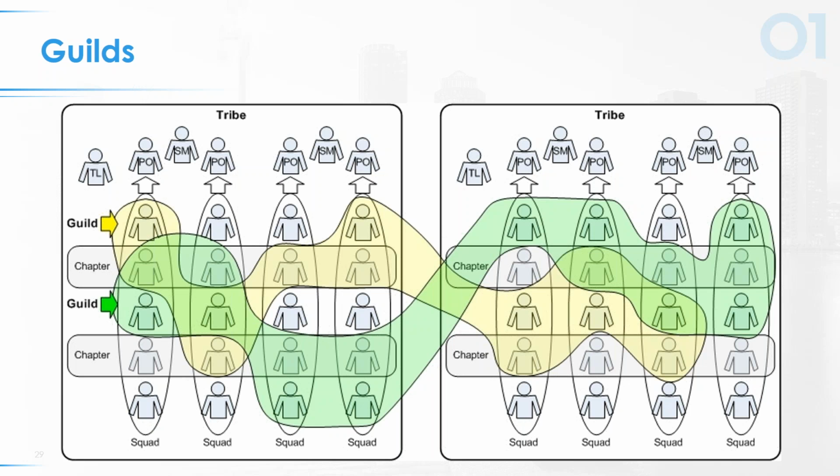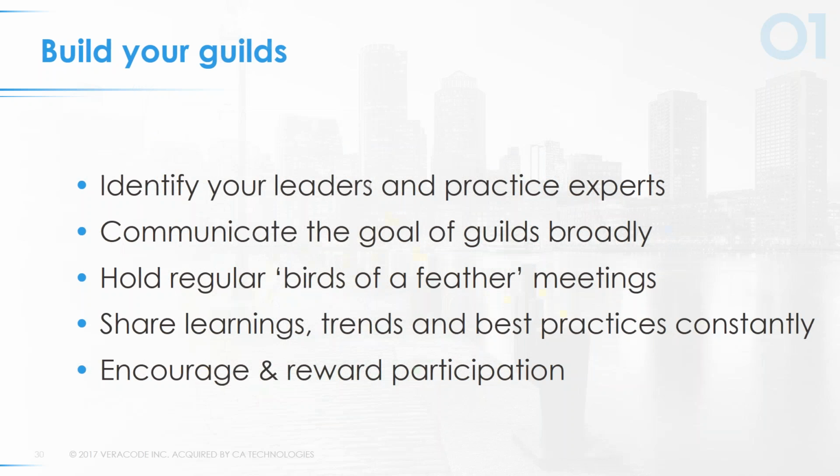So you can do that through this guild model where you build these pockets of expertise that then drives into the general population, and people across your company get involved in these. So as you're building them, you want to identify those leaders and practice experts that say, you are great at this one functional area. Now you're going to become more of a generalist in other things, and I expect you to become one of these full spectrum engineers, but I want you to drive this guild because this is your specialty.